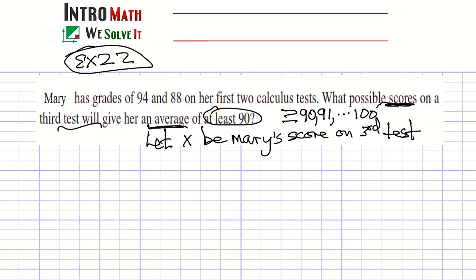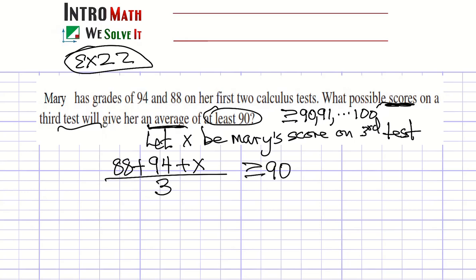So if x is her score on the third test, then the average of the tests will be 88 plus 94 plus x, and you divide by 3. Like I said, you'll learn that when we go to statistics. They say it's gotta be greater than or equal to 90.